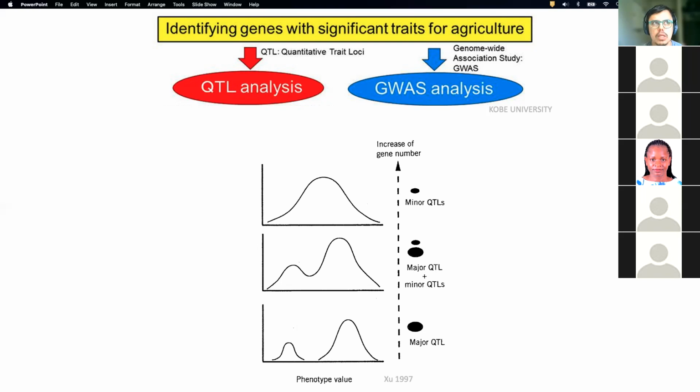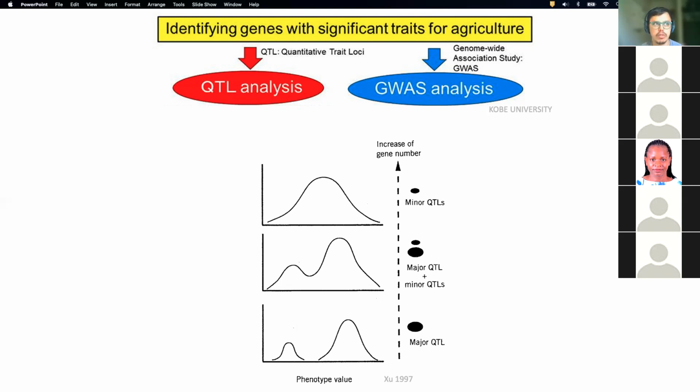Because if the training population is small, that is good, because potentially we can plant that training population in different environments, and we can predict the other breeding lines that we have in the breeding program. But there is not a standard number for that.